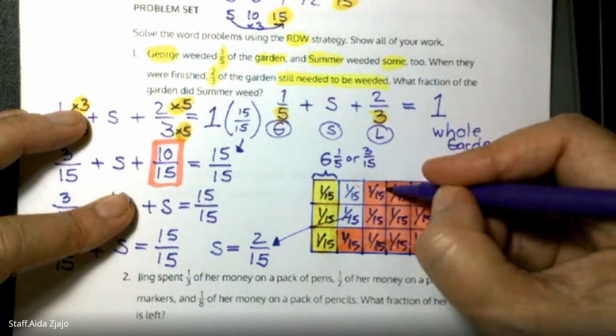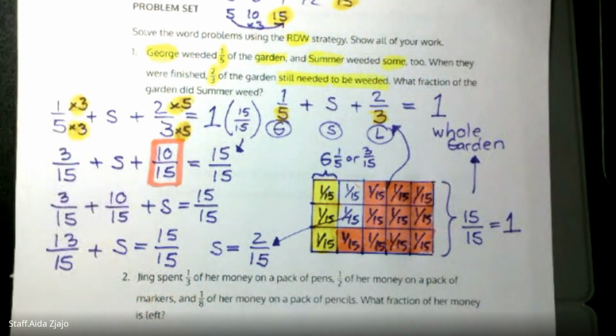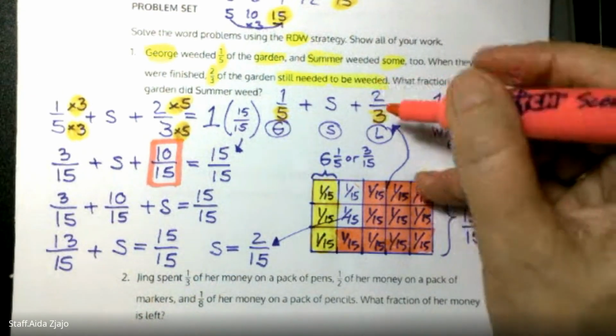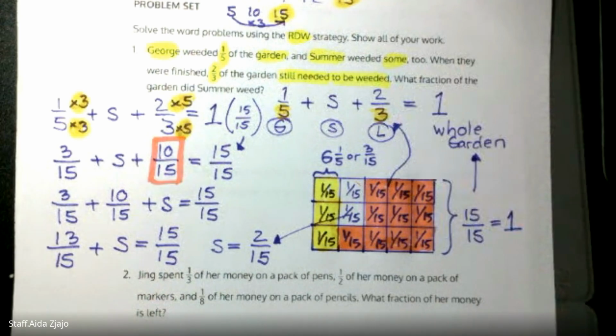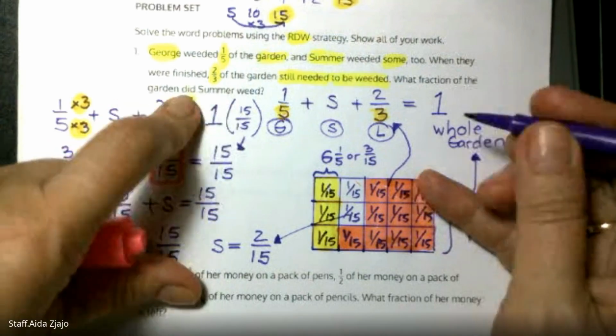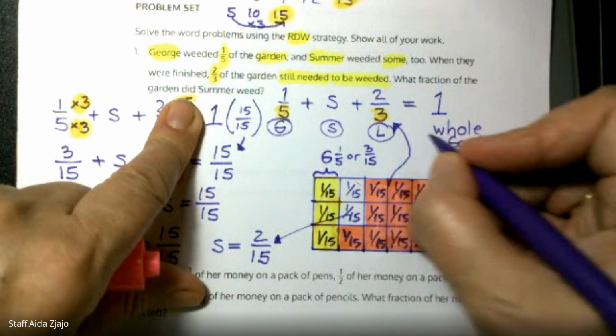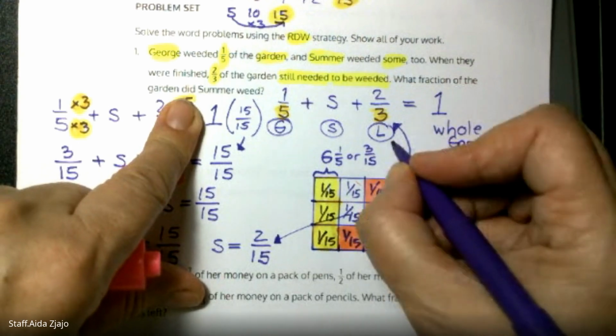So 2/3 is the same as this left, okay, left.